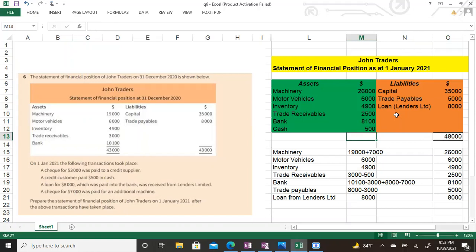Take the total of the asset side: 26,000 plus 6,000 plus 4,900 plus 2,500 plus 8,100 and then 500. So this side is also 48,000. Our balance sheet is equal, both sides are equal, and our job is done. So now you can see that we have recorded all the transactions.